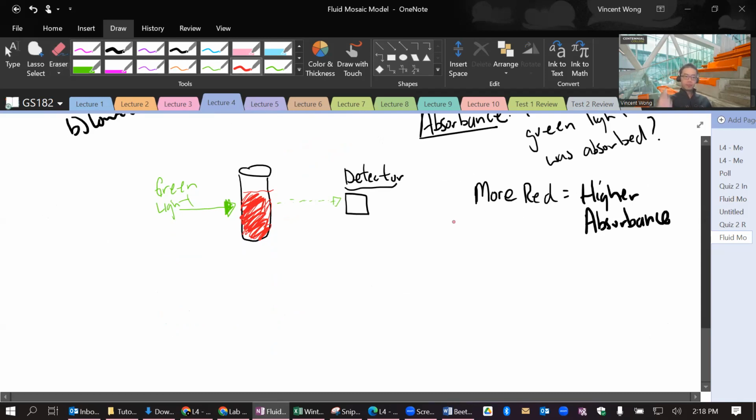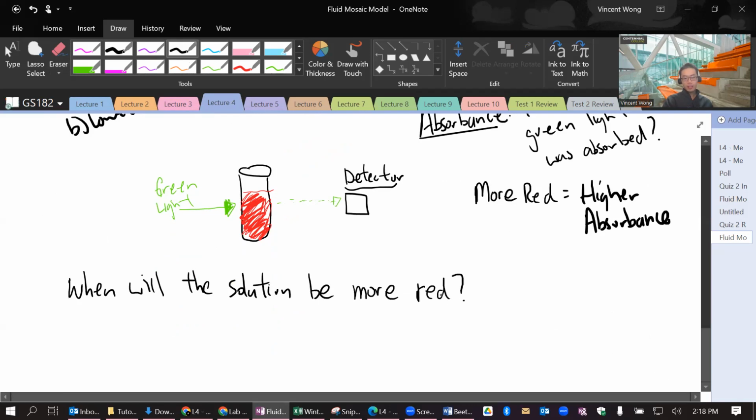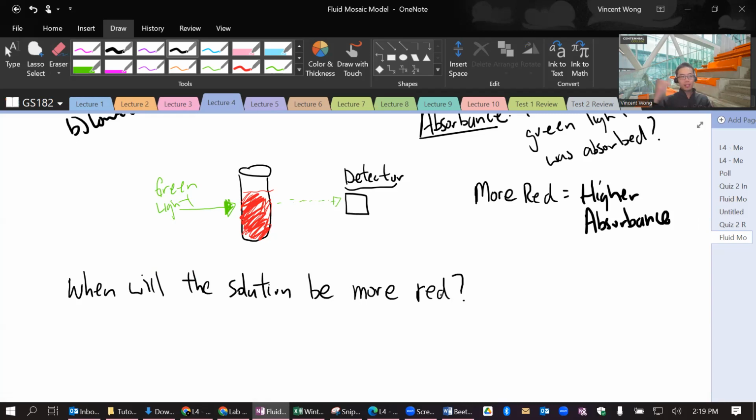So when would you have more red? When will the solution be more red? When the membrane is very intact, or when the membrane is falling apart, in the case of the beetroot?